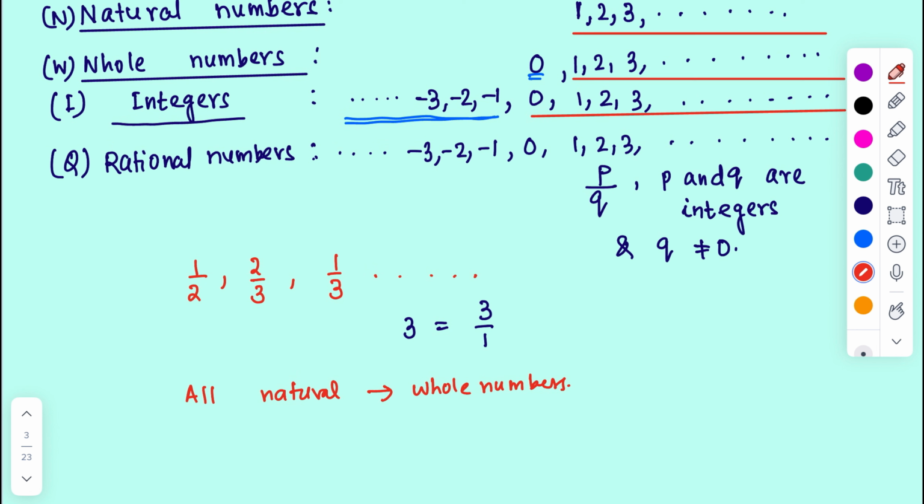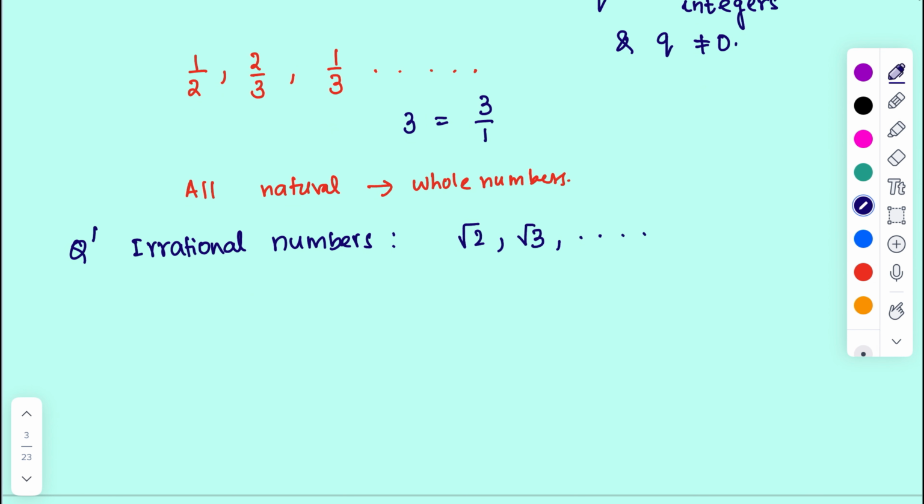Irrational numbers are not rational numbers. They are separate from the rational numbers, and they are numbers such as root 2, root 3, etc. And how will we develop the concept of irrational numbers?